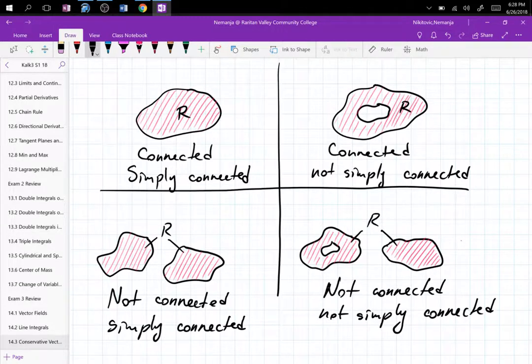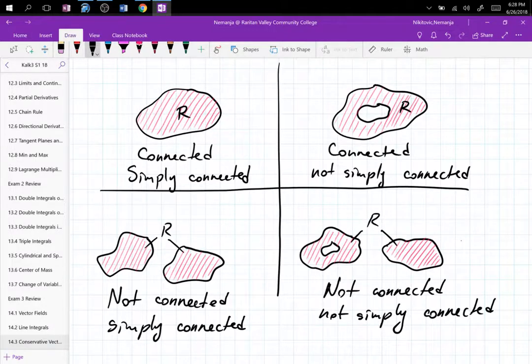If I have something that is connected, I can get from any point to any point. This classroom is connected, so we can get to any point. Two islands are not connected unless there is a bridge. The same connected and not connected goes to the other two.